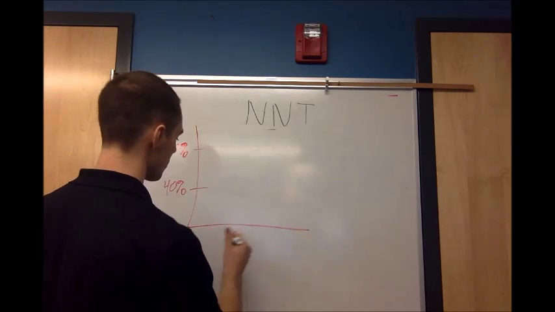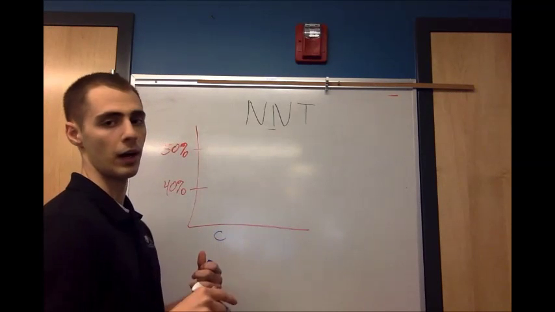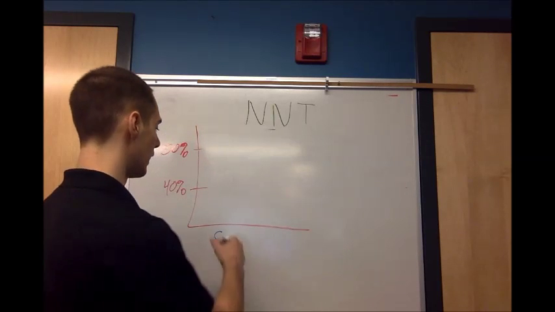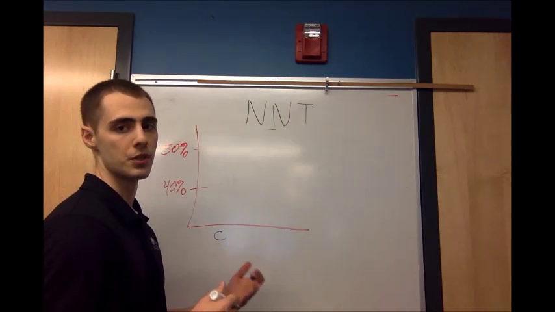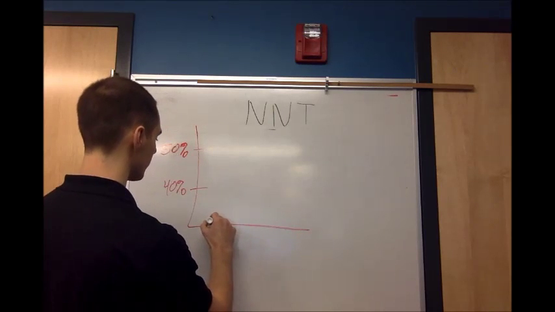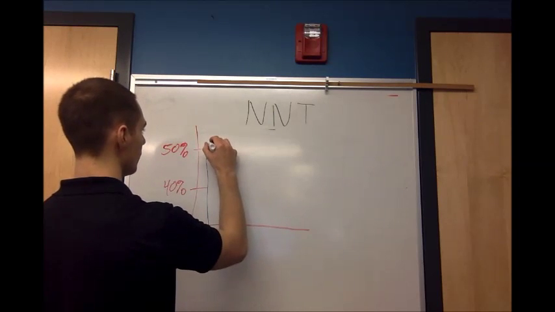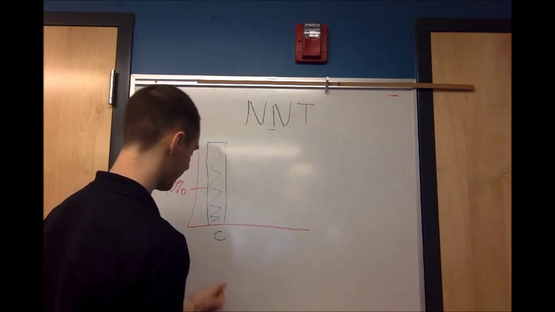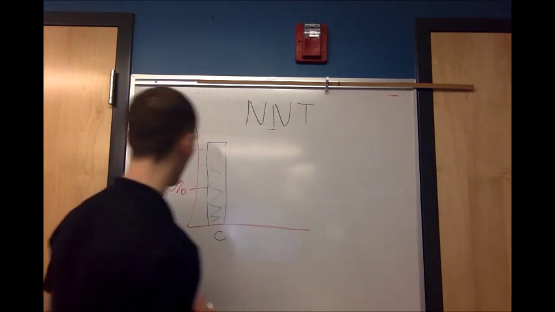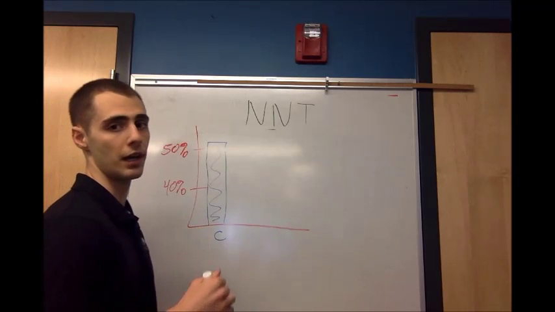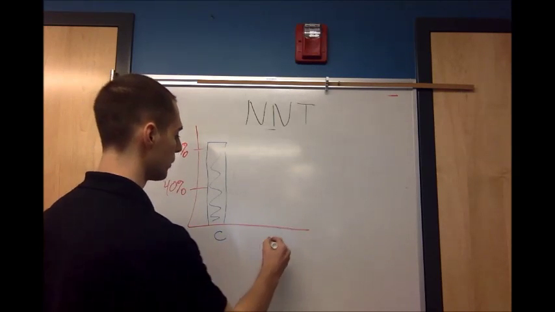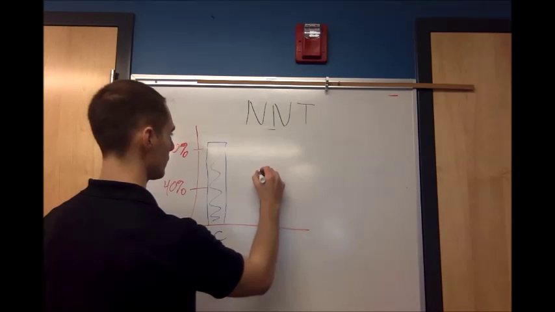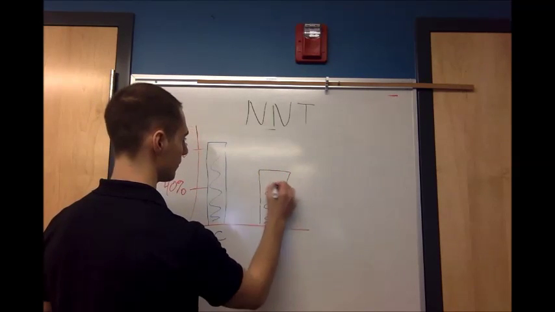In our control group, we had around a 53% event rate of individuals who fell. Then we had a 45% event rate in our experimental group of individuals who fell. So it'll look like that.